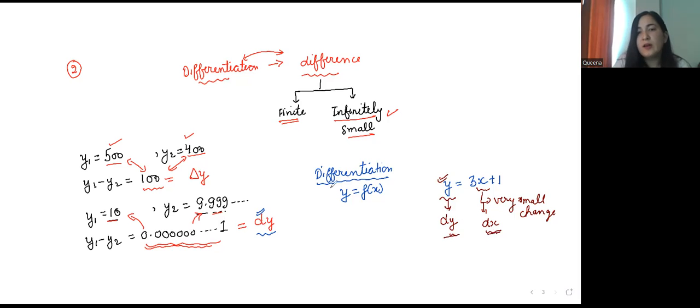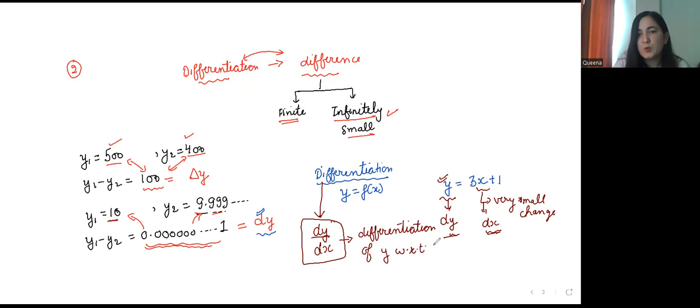So now, what is differentiation? We represent it by something like this. What does this mean exactly? This is dy by dx, and we call it the differentiation of y with respect to x.